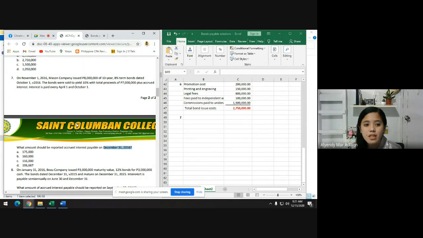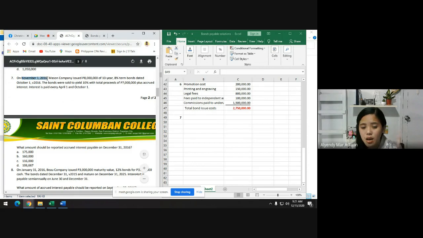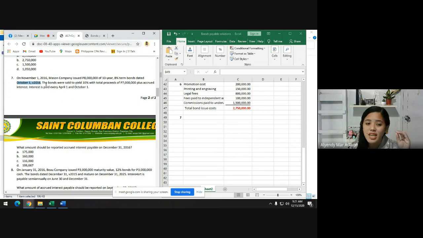So kanus-a man magsugod ang interest, di ba? We start counting interest not from the date of the issue, not from the date of the issuance, but from the date of the bonds itself. Kanang bond certificate naman na siya date.